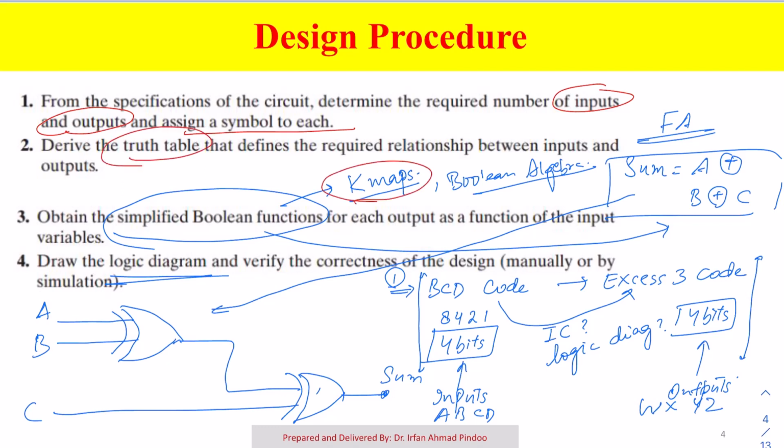In step number 3, once you have a complete truth table, you should solve it using K-map or Boolean algebra, and you should get a simplified equation. And once you have a simplified equation, depending upon what logic is being used, like here the XOR gate, we will create a logic diagram. So these are the 4 steps to design any kind of combinational circuit.